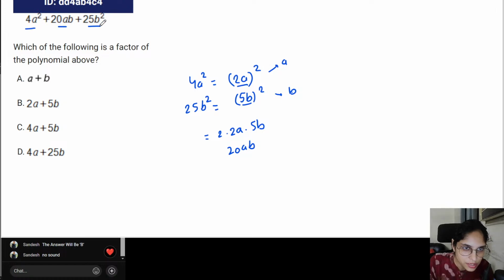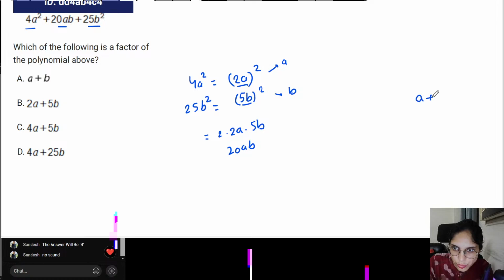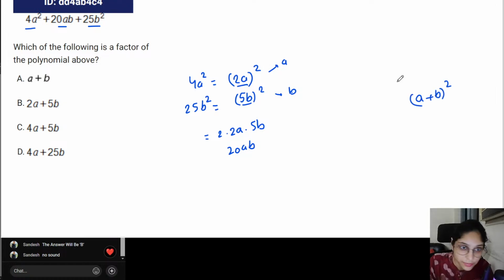So when all these three conditions check out, it is A plus B whole squared. If the sign is negative over here, it will be A minus B whole squared. A, like I told you, is 2a. So the answer is 2a plus 5b whole squared. So 2a plus 5b is a factor.